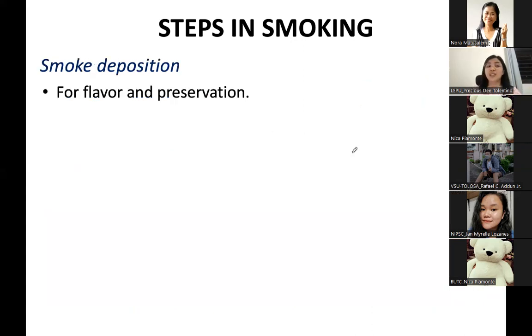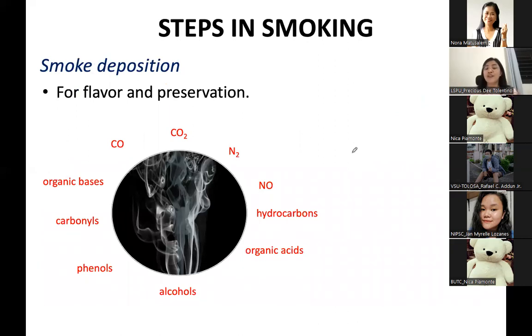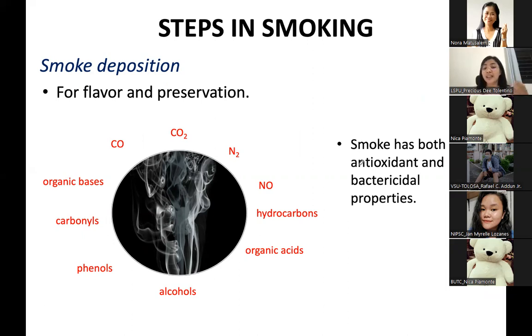Okay? And of course, smoke deposition for flavor and preservation. Ito yung sinasabi ko na preservative action ni smoke, kasi meron siyang iba't ibang antioxidant and bactericidal properties. When we say bactericidal, it kills bacteria. Okay? Meron naman isang term, bacteriostatic. Si bacteriostatic naman, it just slows down the growth of bacteria.